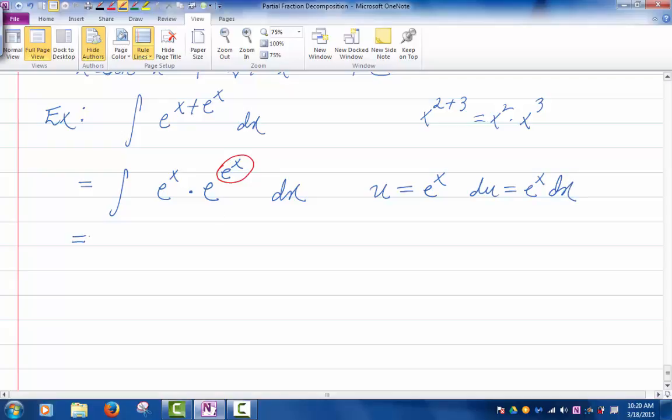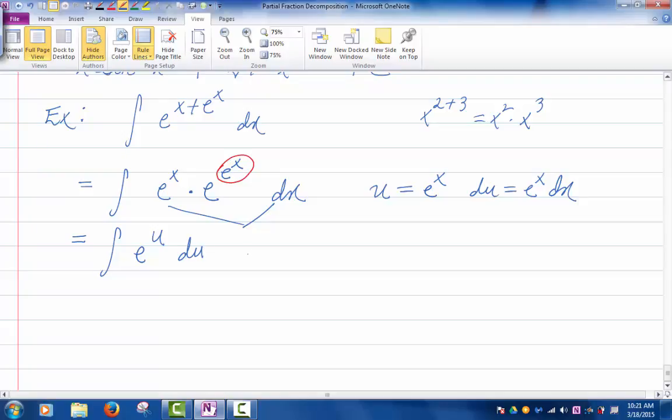If you do that, notice that e to the x and dx together will become du, and then you get e to the u du, isn't it? Very simple, right?